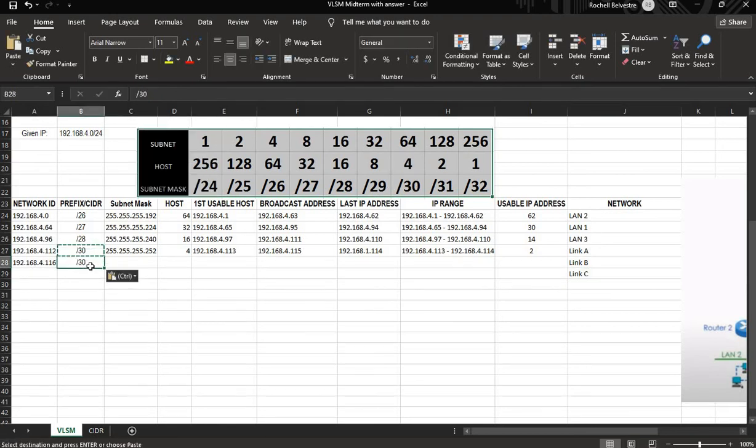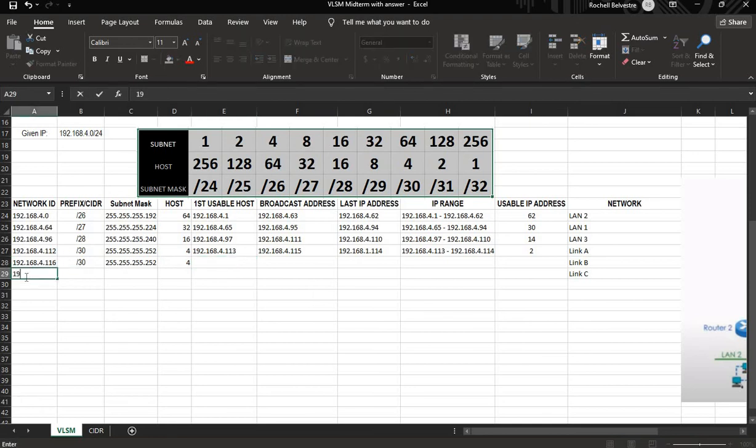I'm going to copy this one. 116 plus 4 equals 120, so 192.168.4.120 will be our next network ID.